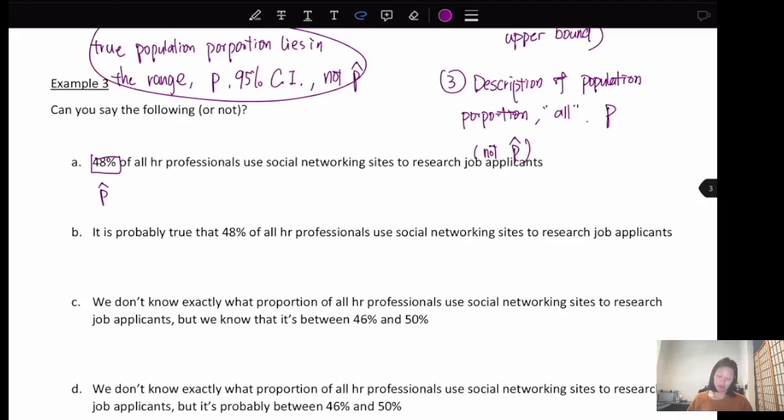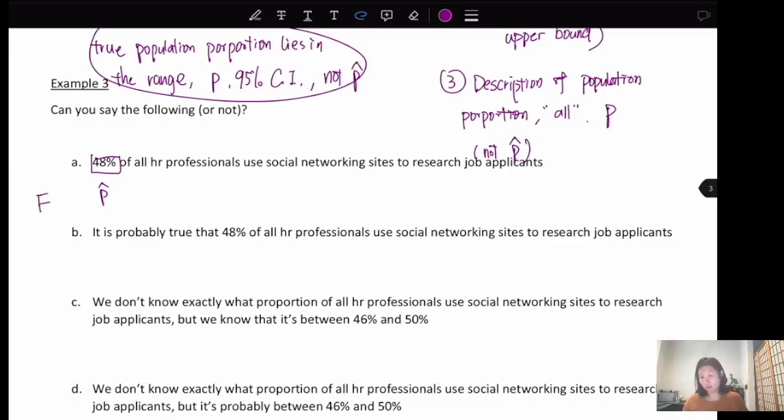And then we got back the result that 48% of those 2,500 people say they use social networking sites to research job applicants. So that indicates that this is a p hat. And so that means this is a false statement.